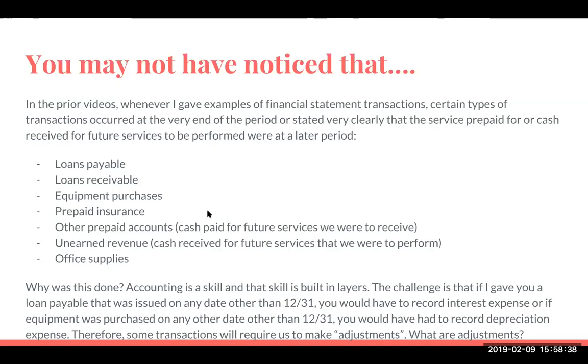Similarly, if I purchased equipment on any other date other than December 31st, you would have to show the use of that equipment in the form of depreciation expense. Therefore, some transactions, after we initially record them, will require us to make adjustments.